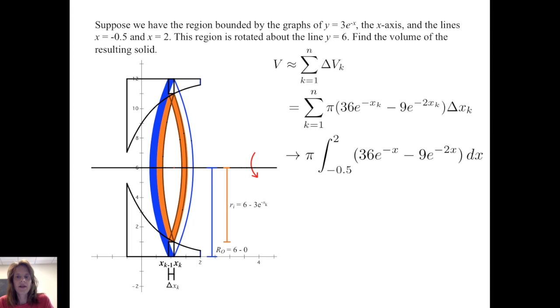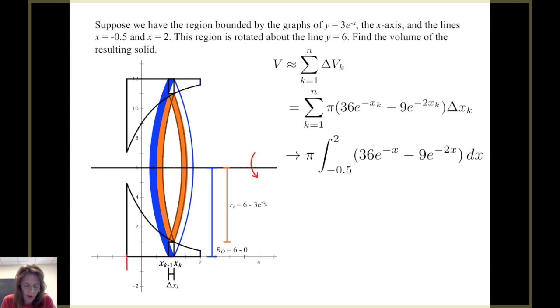As I take the limit of the sum, as the norm of the partition goes to 0, or as the width of the rectangles goes to 0, I get pi times the definite integral from -1/2 to 2 of 36 e to the negative x minus 9 times e to the negative 2x dx. And recall that because I partitioned the interval from x equals -1/2 to x equals 2, those limits of integration come from the interval that I partitioned.